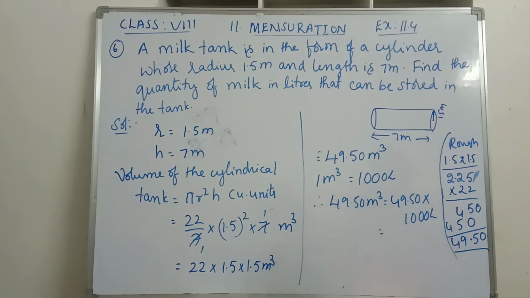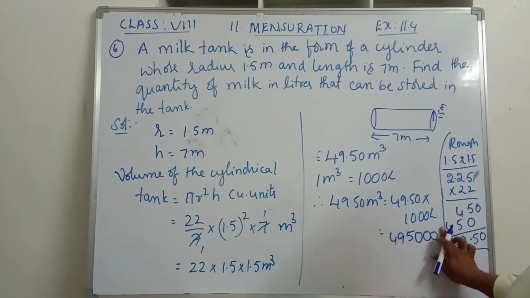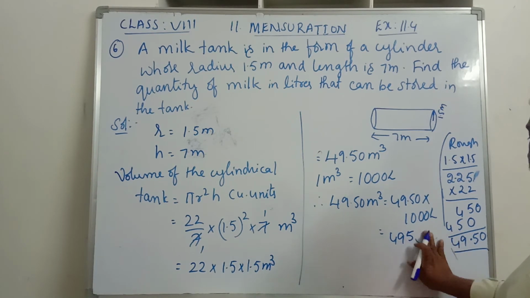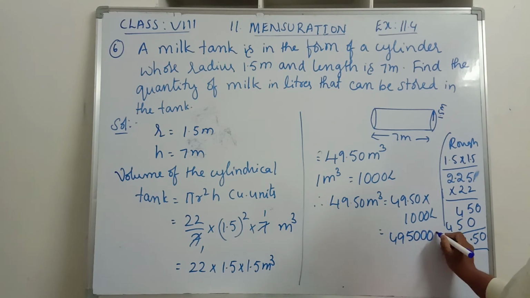Ignore the zeros and multiply with 1. We get 1 5s are 5, 1 9s are 9, 1 4s are 4. Now count the number of zeros: 1, 2, 3 and 4. Keep 4 zeros. Now keep the decimal point after 2 digits: 1, 2, 3 and 4.